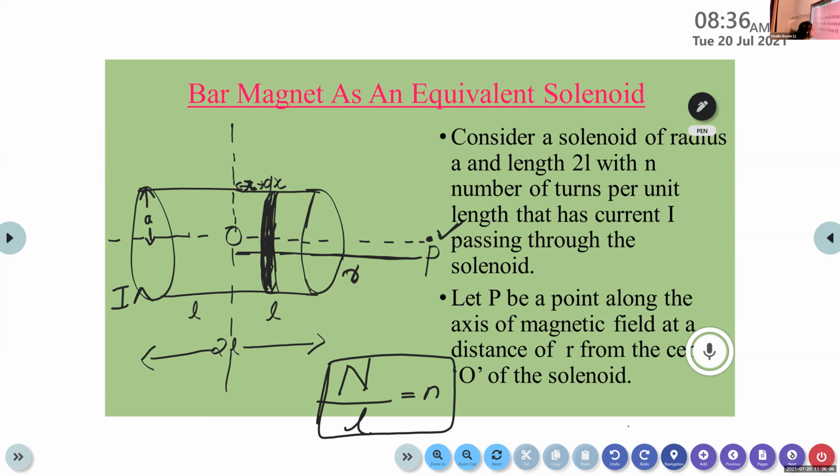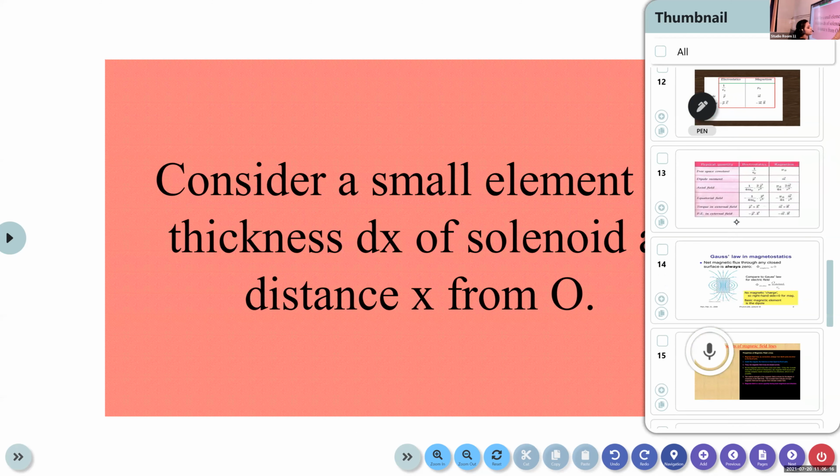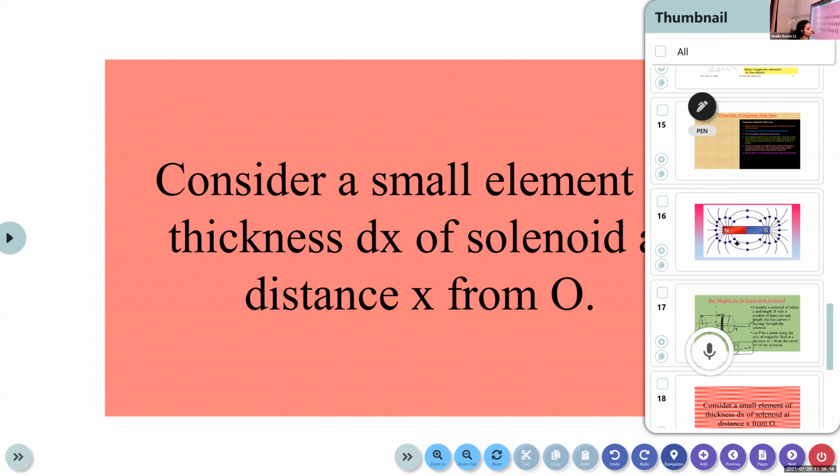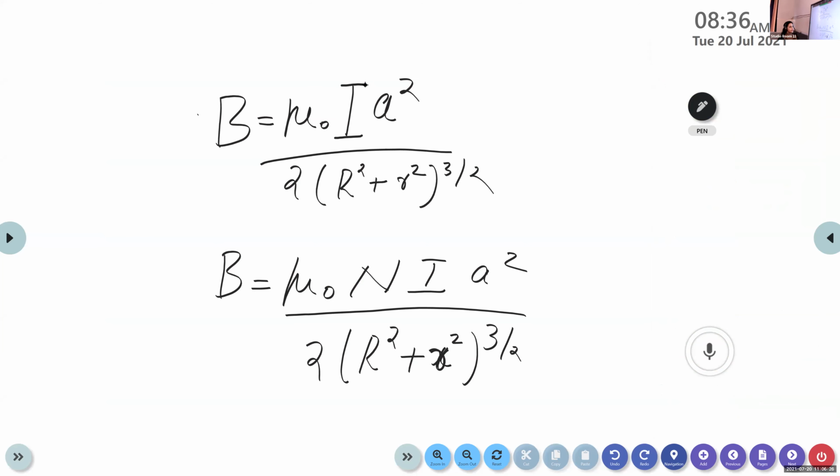Now we can continue with the derivation. Here the small segment is exactly similar to a circular coil. So we take the expression for the magnetic field produced at a point P due to a circular coil. It is given by B is equal to mu 0 I R square divided by 2 into (R square plus r square) the whole raised to 3 by 2.